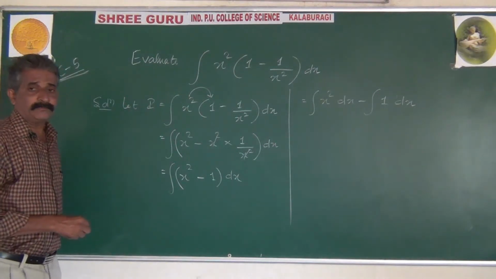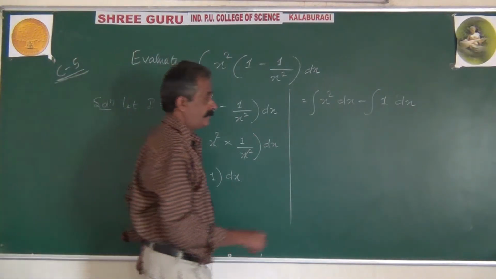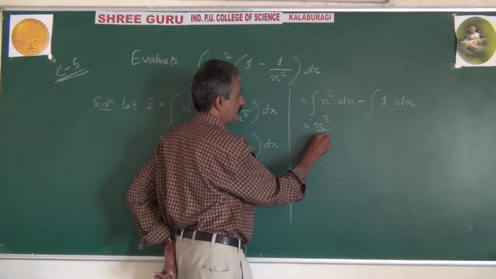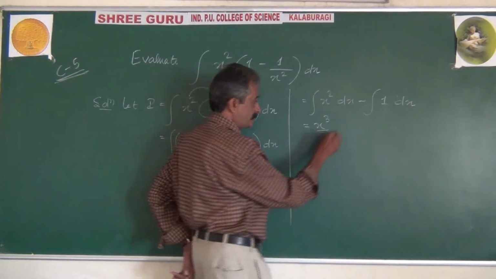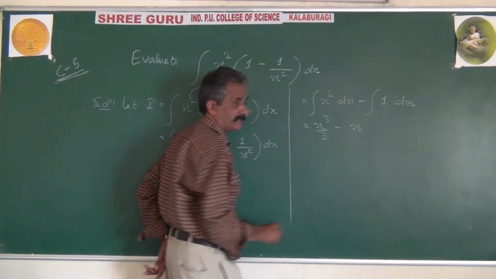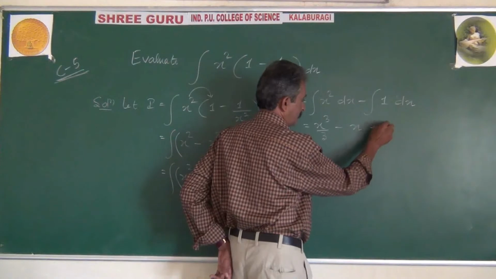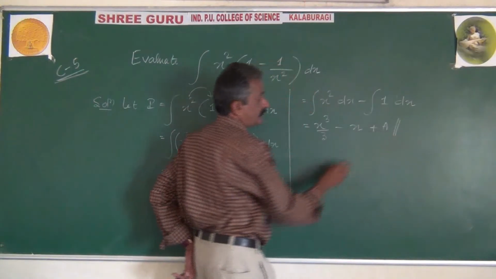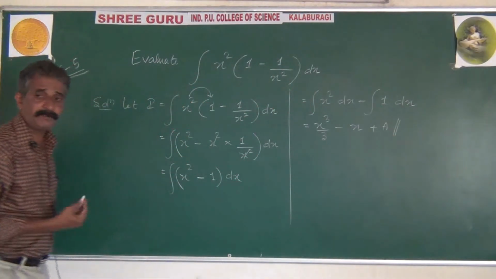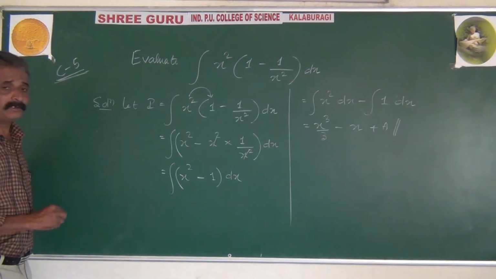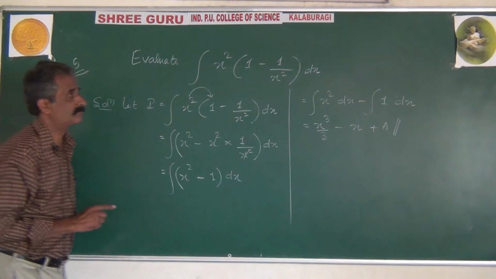By using standard formulas, integration of x square is x cube divided by 3, whereas integration of 1 dx is x plus a constant. Any arbitrary constant can be added. It may be a, b, c or d, but not all, any one.